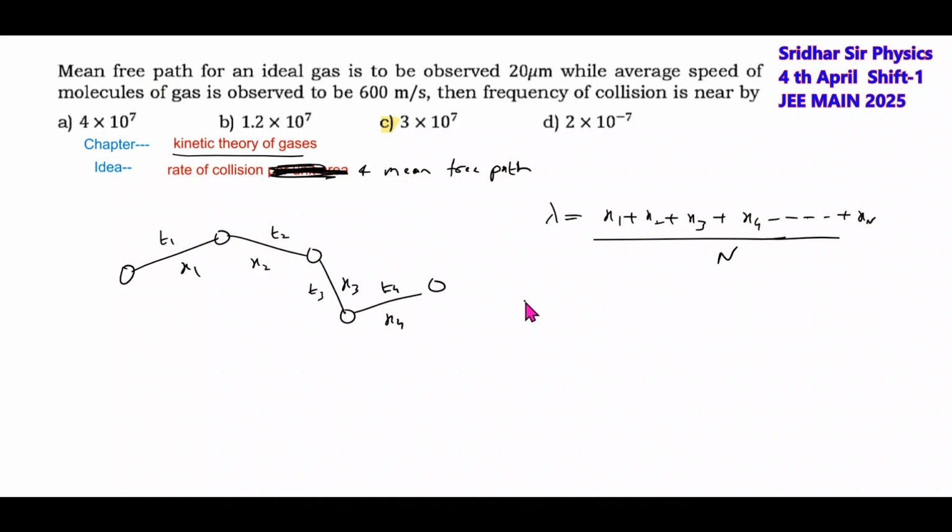Then we can write the average speed is equal to the average distance covered between successive collisions, over the average time between successive collisions. What is T? T again will be T1 plus T2 plus T3, T4 and Tn by n.